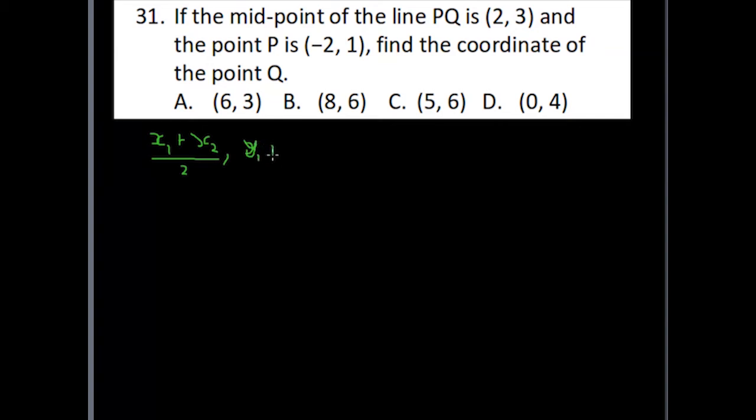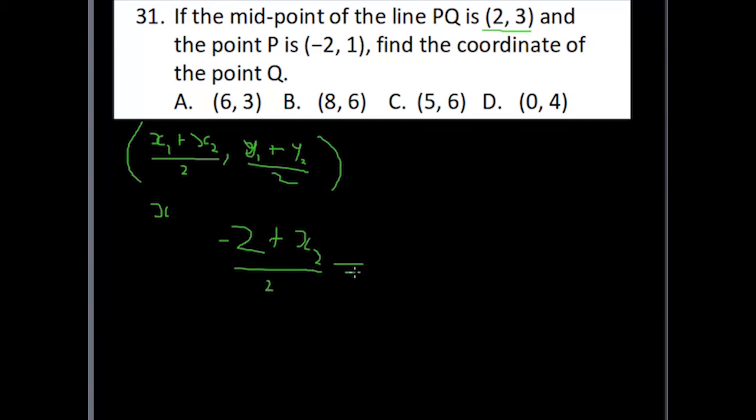So here we have x1, this is 2 minus 2 rather, plus x2 over 2 is 2. So this is x2, this is 4 plus 2, which is equal to 6.